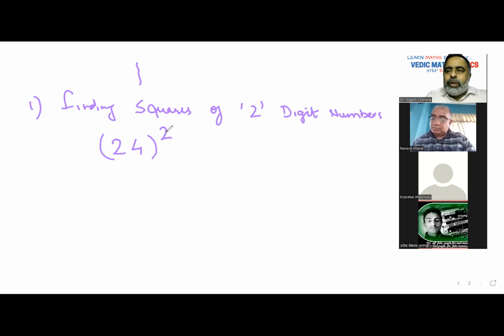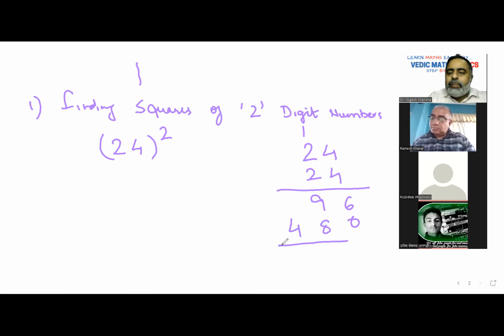So what do we do generally? If this question comes in our examination, up till now what we used to do is 24 times 24: 6, 1 goes here, 9, then 0, 8, and then 4, 6, 7, 5. Yes, we do it by this only. Or if anyone has a different concept, please let me know.